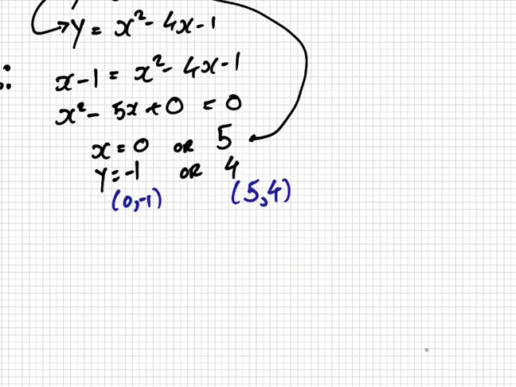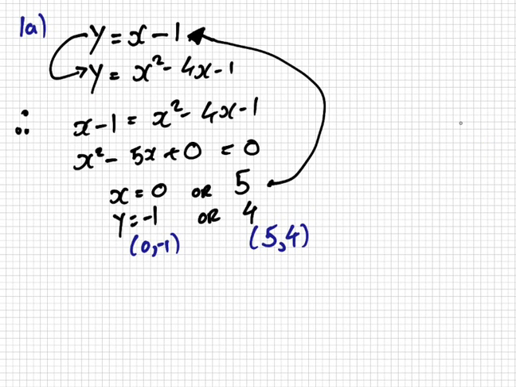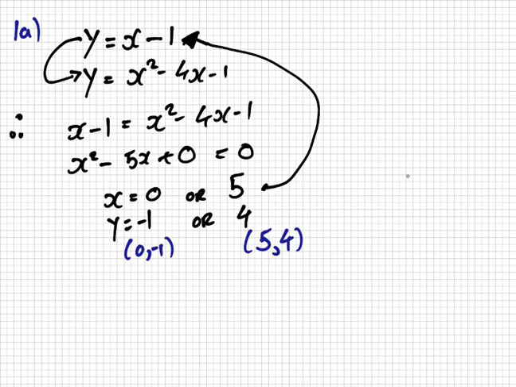And I ask you to give me a rough sketch. So what I mean by that is you do something like this. Draw a quick graph. (0, minus 1), that would be somewhere here, wouldn't it? Maybe not so far down. And then (5, 4), where would that be? That would be somewhere about here, wouldn't it?